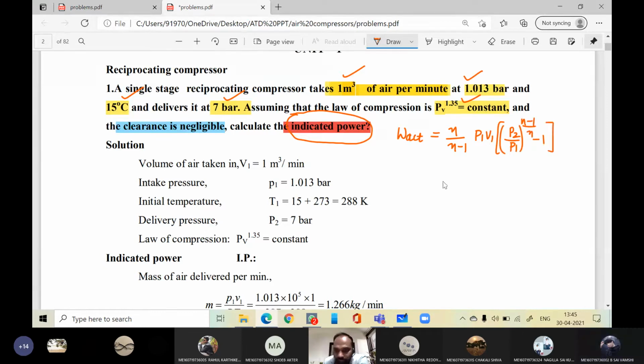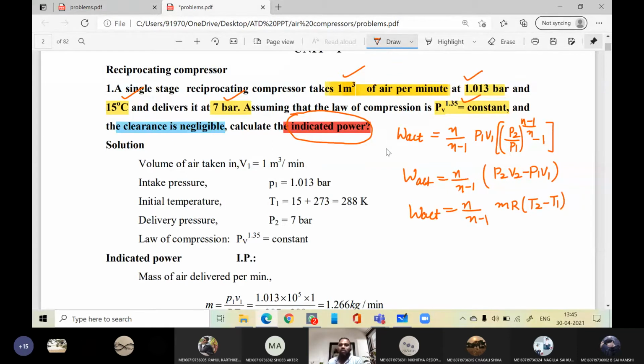This formula is also equivalent to N by N minus 1 into (P2 V2 minus P1 V1). And this is also equivalent to N by N minus 1 times m R into (T2 minus T1). Depending upon the input data, you can choose any of these three formulas and you will get the same answer. Remember, these are all formulas to calculate indicated work only.